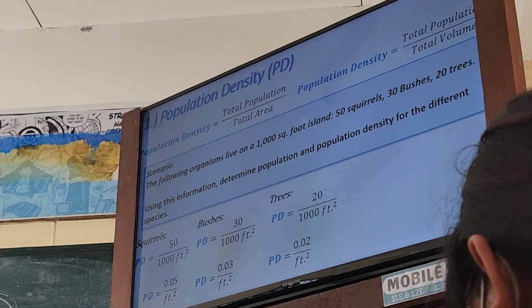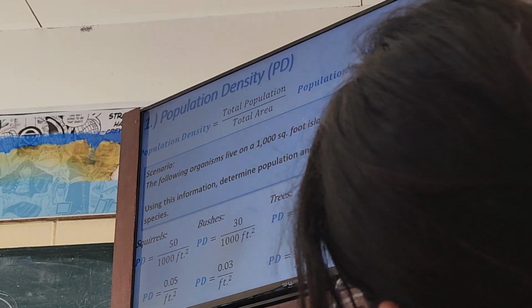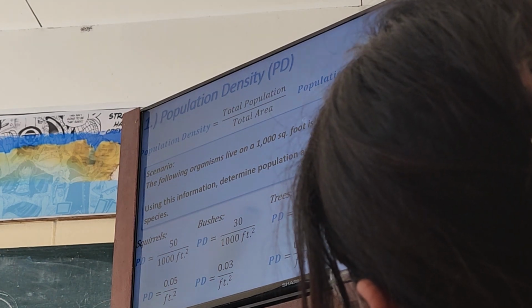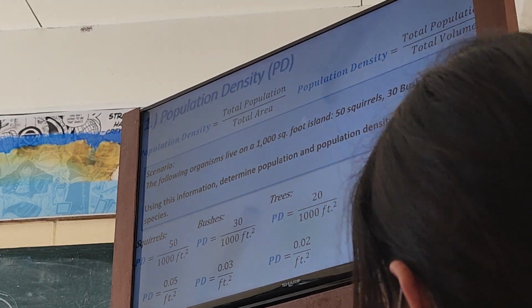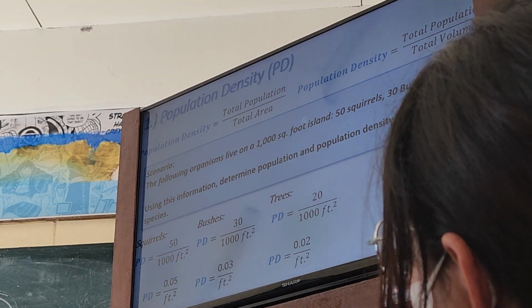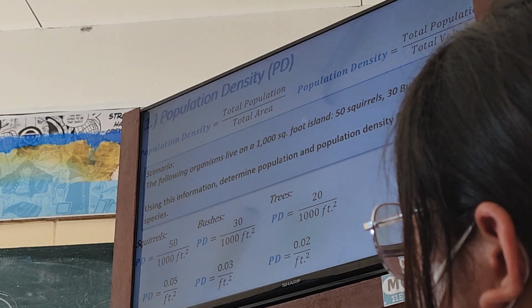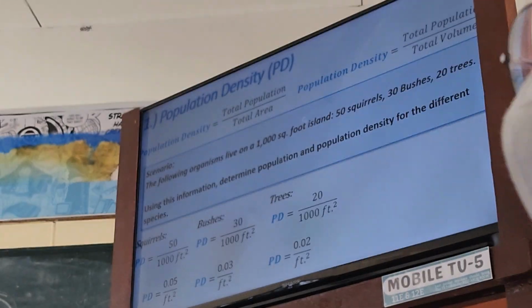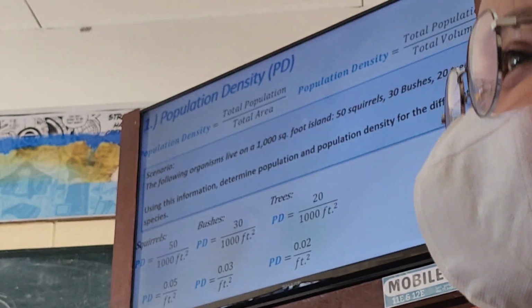So, here are your answers. What's the unit? How do you read that? 0.05 per square foot.